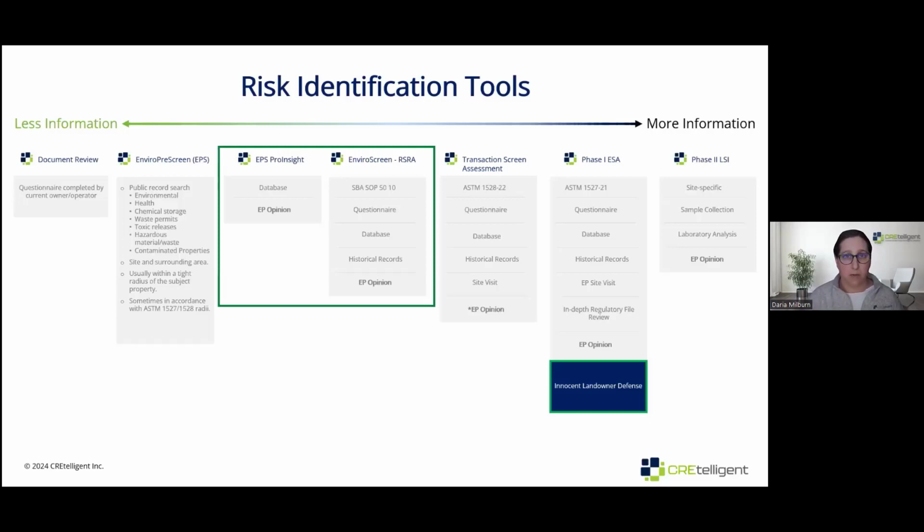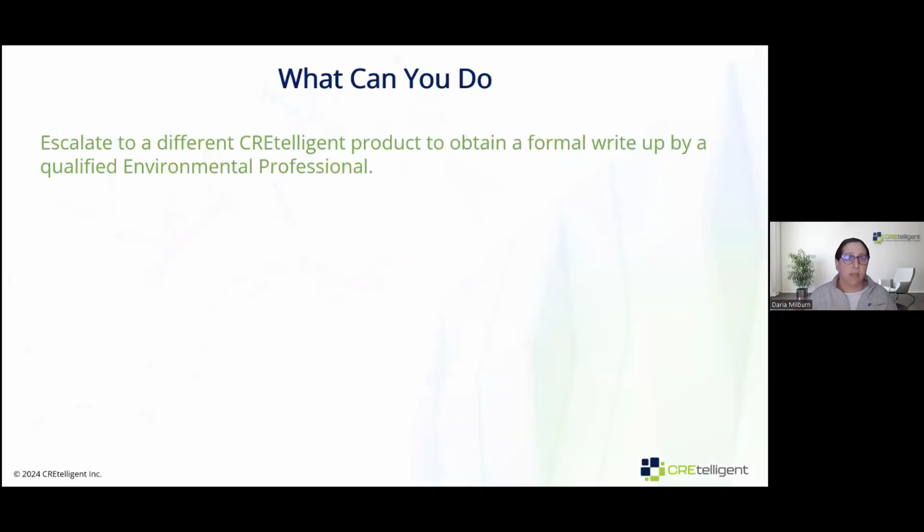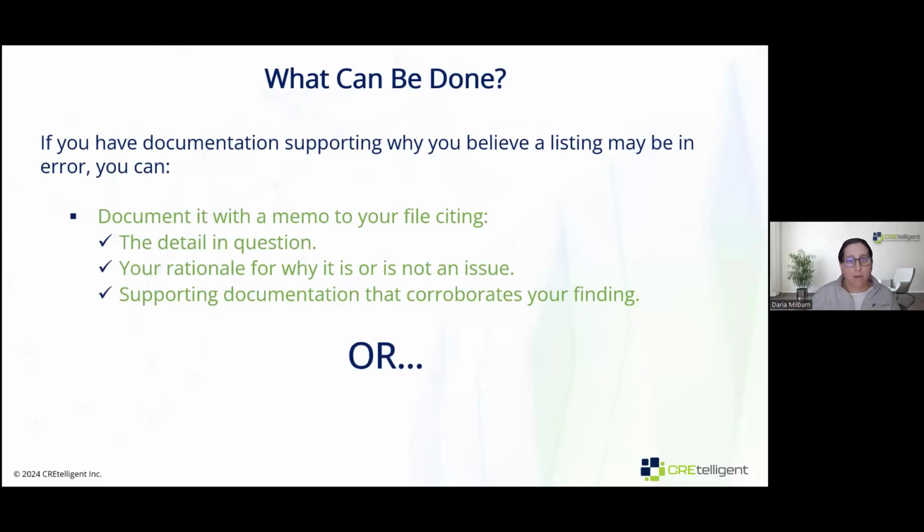And what we want to do is help empower you to understand that just because it's come up in the EPS, if there is additional follow-up to document why that finding may be different from what you know, then you can put that in your file and we can help you with that. But whether you choose to do it yourself or come through us, what you really want to do is go back to just making sure that you have all your supporting documentation to document the difference. And that really is the bottom line.